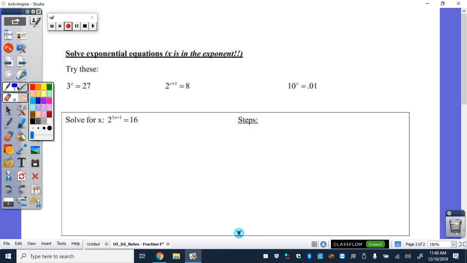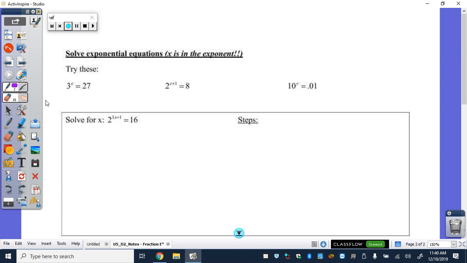So we're going to change it up a little bit. This time, my x is in the exponent spot. Any ideas of how we might solve for this? And no, we cannot just divide by 3. So what we need to do is rewrite the 27. Can I rewrite 27 so that it's 3 to an exponent?